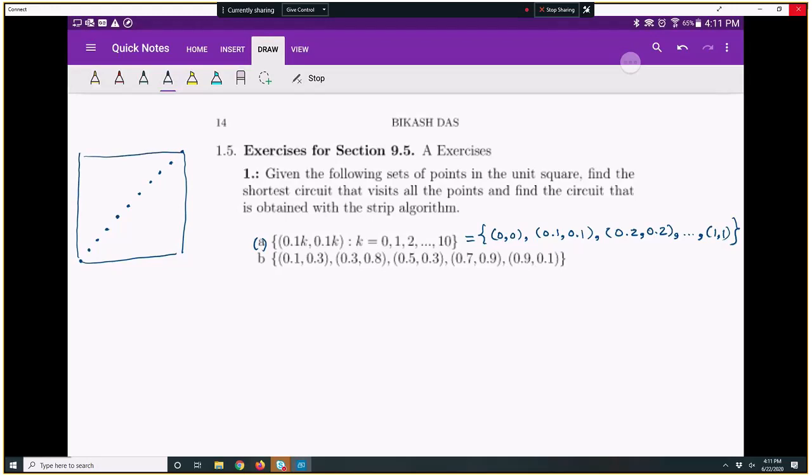So first of all, the strip algorithm says that we're going to divide the square up into strips. How many strips? Well, first we start with the number of points, in this case 11, and we divide 11 by 2 and then take the square root. So 11 divided by 2 is 5.5. 5.5 is between 4 and 9.